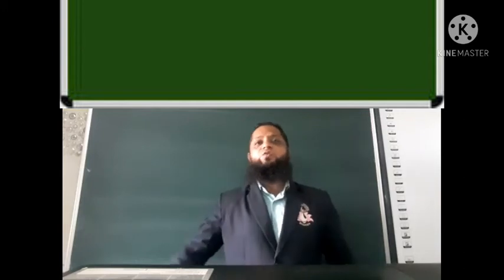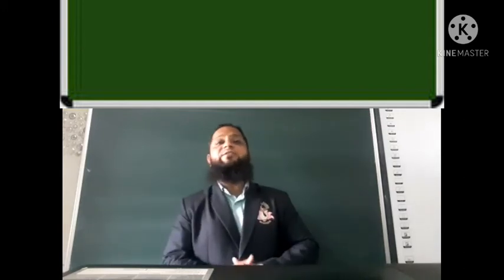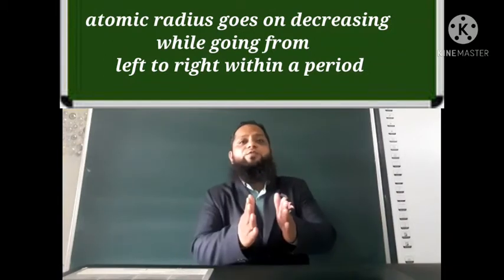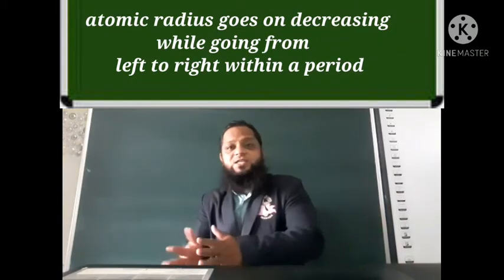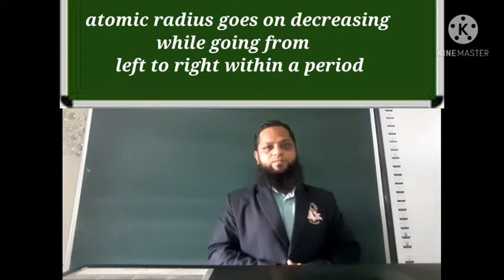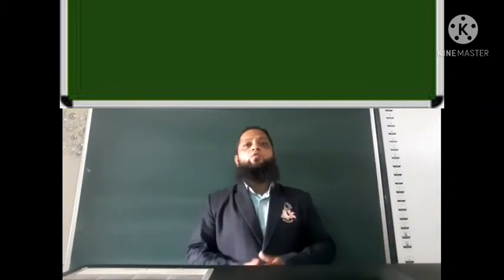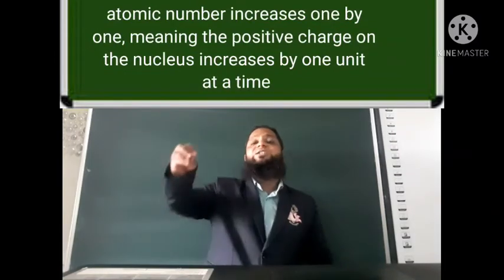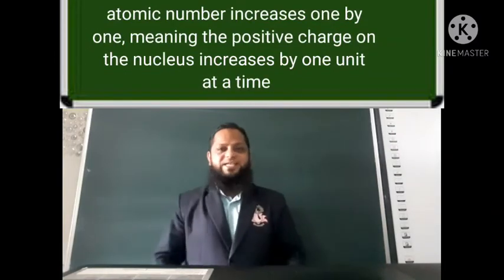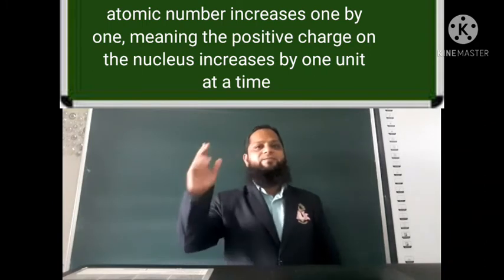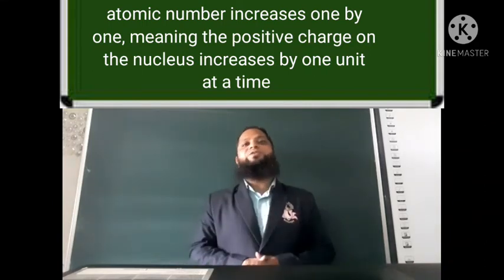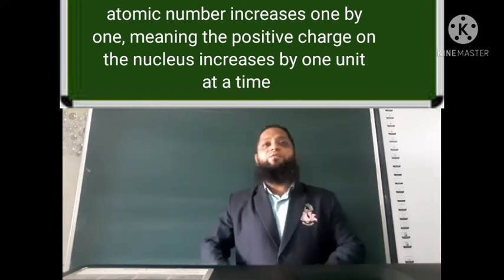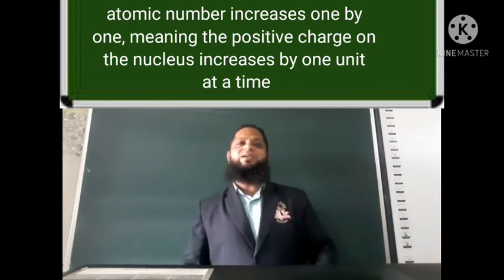Dear children, you will find that the atomic radius goes on decreasing while going from left to right within a period. The reason behind this: while going from left to right within a period, the atomic number increases one by one, meaning the positive charge on the nucleus increases by 1 unit at a time.